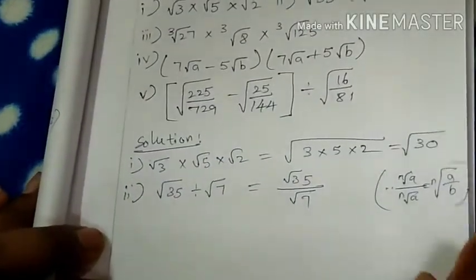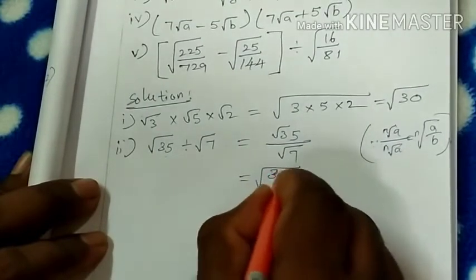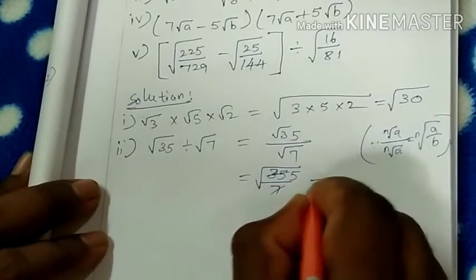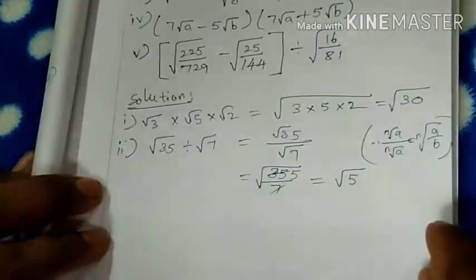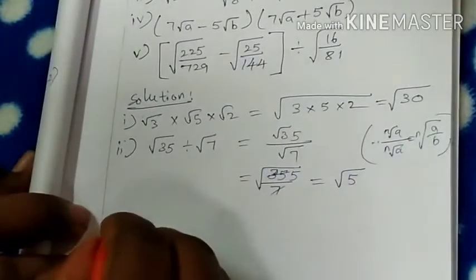The roots are the same, so write the square root of 35 divided by 7. 1 seven is 7, 5 sevens are 35. So root of 5 is your answer. That's all. I hope you understood the property.